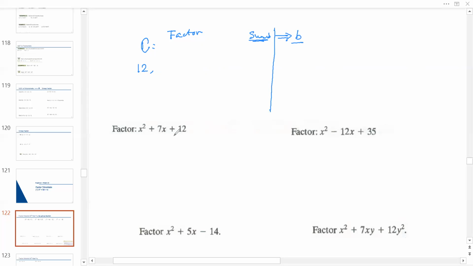Here we have x squared plus bx plus c, so we find c, the constant term. We factor this one first. It can be factored into 1 times 12, 2 times 6, 3 times 4, and they can be both positive or both negative.